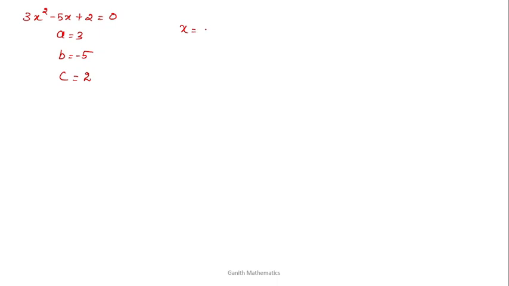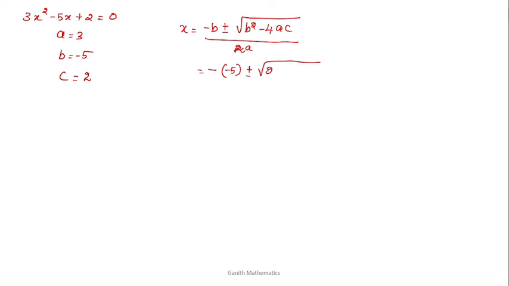Our formula is x is equal to minus b plus or minus square root of b square minus 4ac by 2a. So minus of minus 5 plus or minus square root of b square will be 25 minus 4 into 3 into 2 divided by 2 into 3.